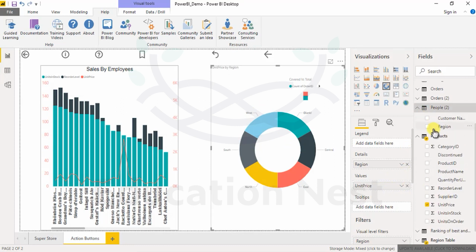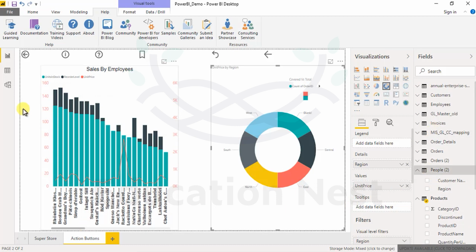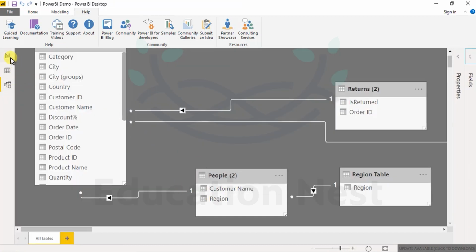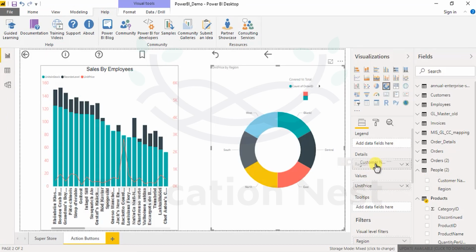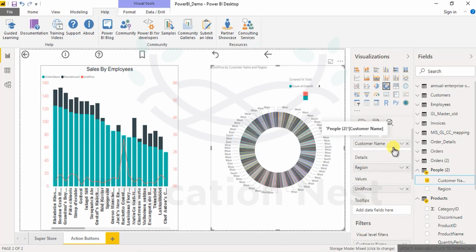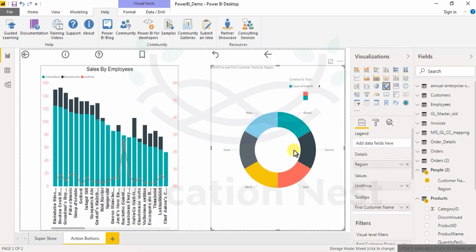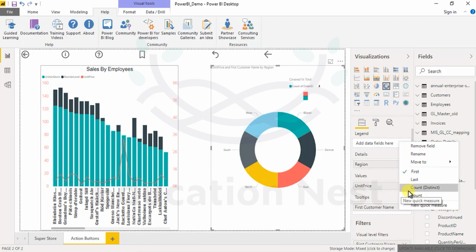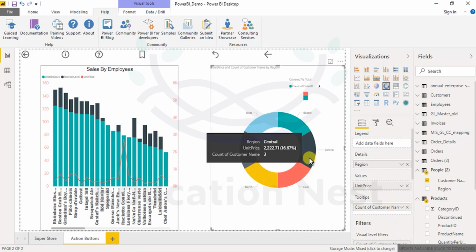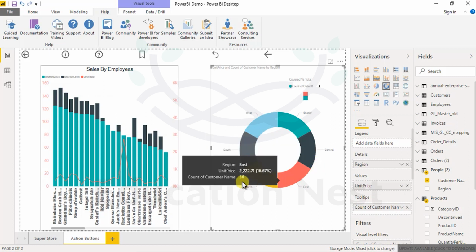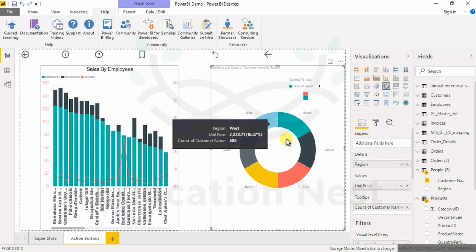So if I go into the people 2 table, then I can have this detail as my legend probably. Yes. See, since it has so many customers, it is breaking that value down. If I move it to tooltips, it will give me the count. It is giving the first or the last. I can have a count of customers in the region. This region has 3, this has 36, this is more interesting now.